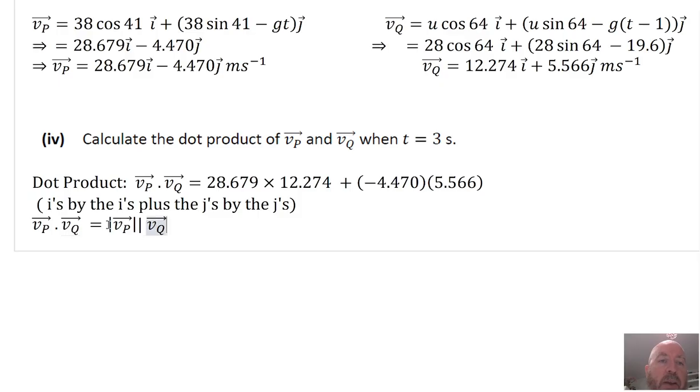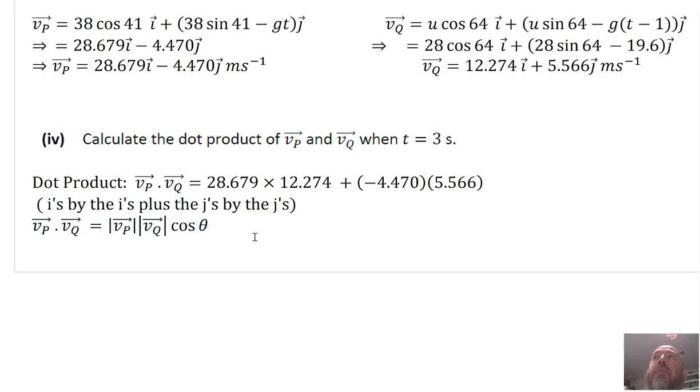Another way is the dot product is the modulus of one of the vectors times the modulus of the other times the cosine of the angle between them. And that, I reckon, is what we're going to be asked to find in the next part, because we know everything about the dot product for this one, we can just get an answer.